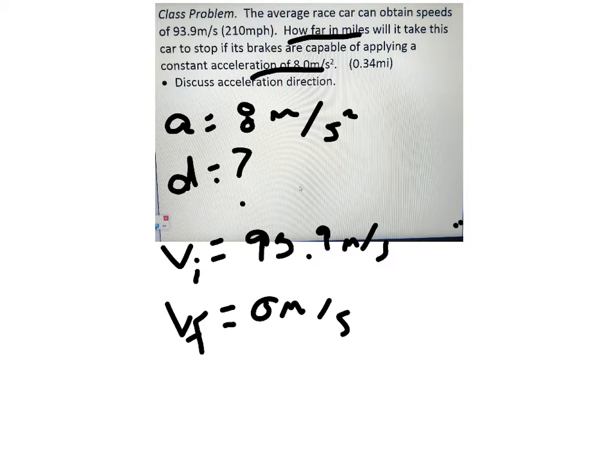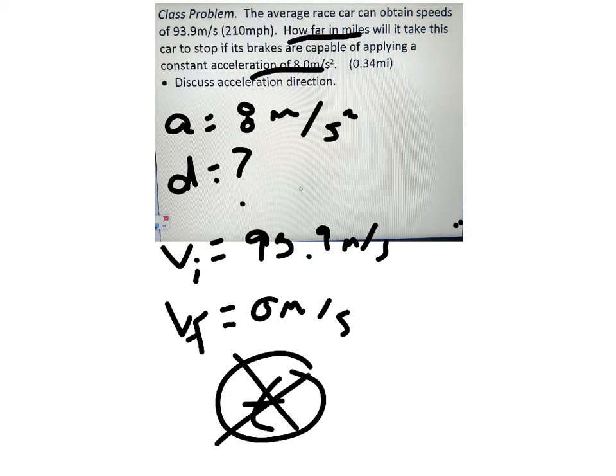So in this problem, we're missing t. It never mentions anything about time. You've got 2 options. You could use the information given and calculate it, but that's extra time. You have to do another equation. You have to set up a whole other problem. Your easiest solution is to use an equation that doesn't have time in it.